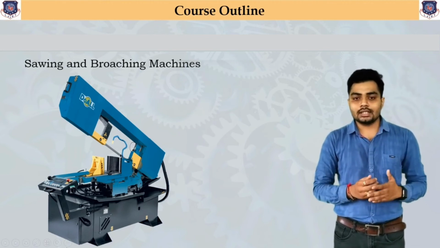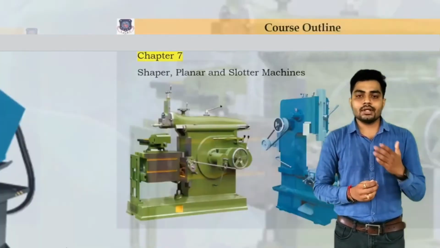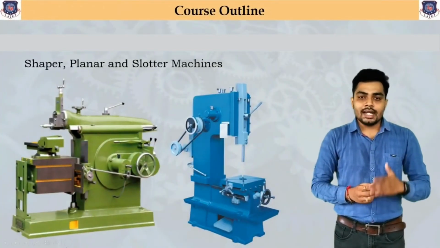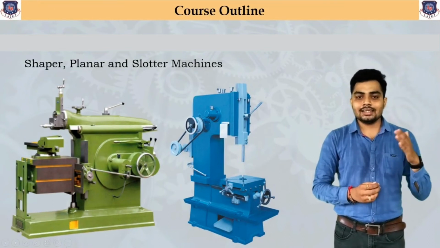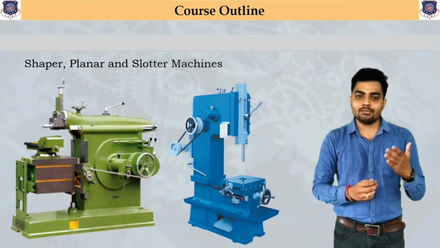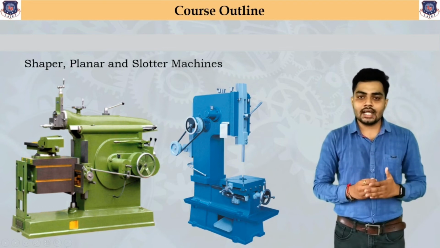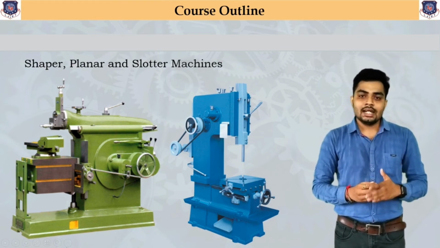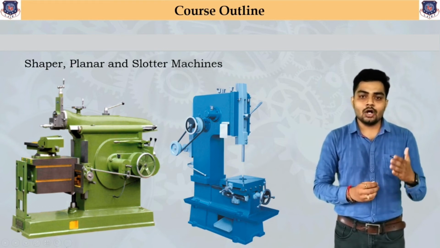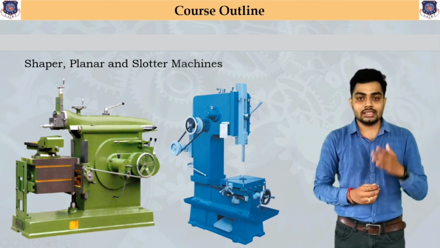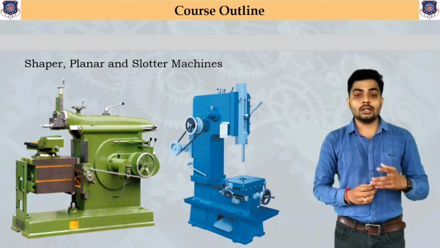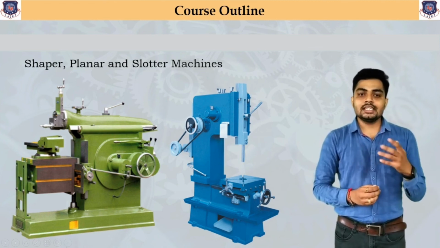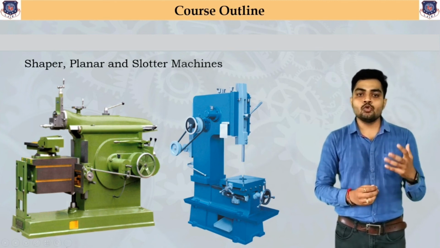Now our next chapter, chapter 7, is the shaper, planer and slotter machine. In this chapter there are three different machineries. The first one is the shaper machine, the second one is the planer machine, and the third one is the slotter machine. We will study in detail the main important parts available and how these different parts move according to the movement provided.